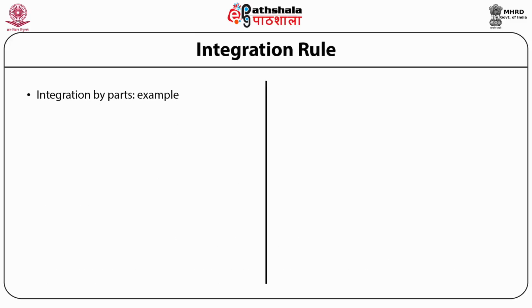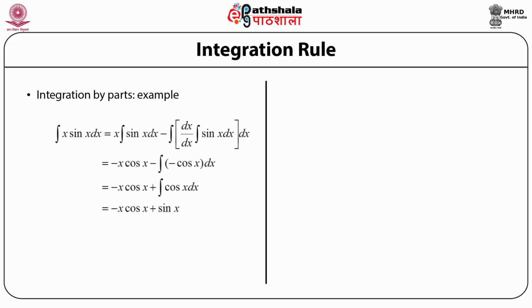Integration by parts. Example: integral x sin x dx is equal to x times integral sin x dx minus integral d by dx of x times integral sin x dx, into dx. So the first one, integral sin x dx, is going to give minus cos x. So the first term is going to be minus x into cos x.